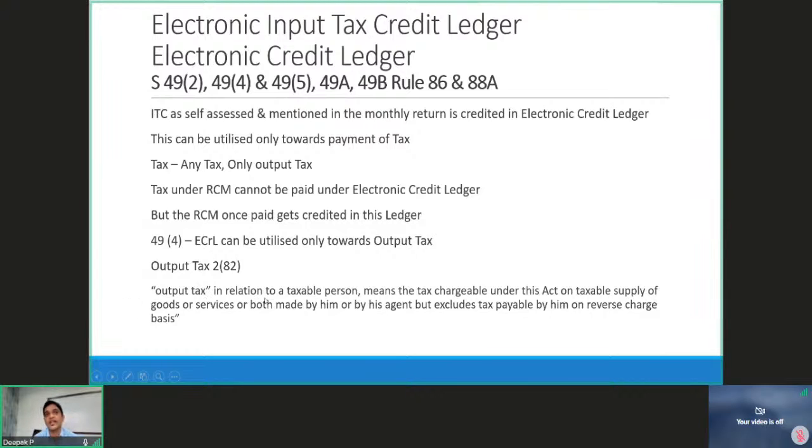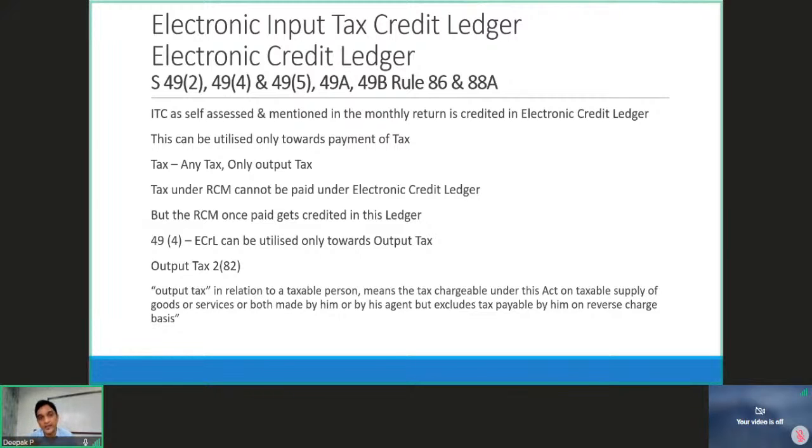So there is a specific exclusion under the definition of output tax, wherein if I pay reverse charge tax, that is not an output tax. Okay, so that's the reason. That's a tax, of course, liable to me. So that's a tax liability on my reverse charge transactions. That is not an output tax. Output tax is tax only on the sale of goods or services which I make.